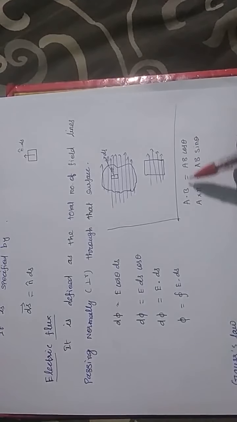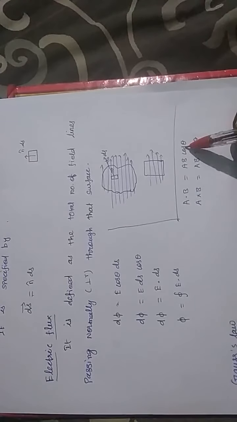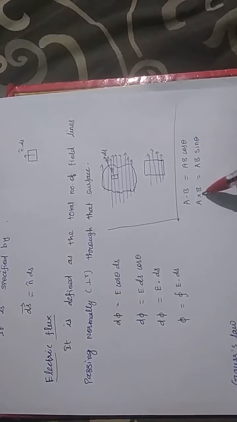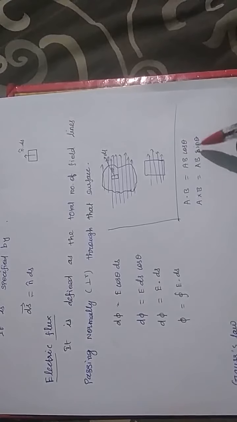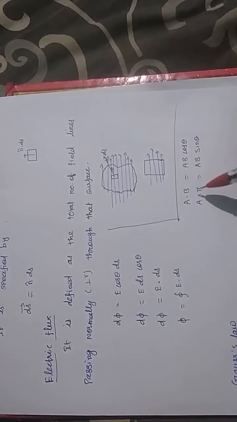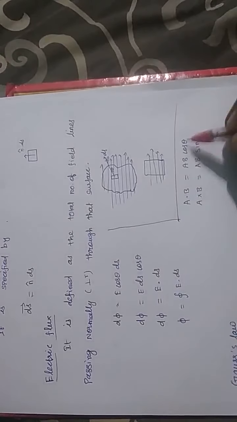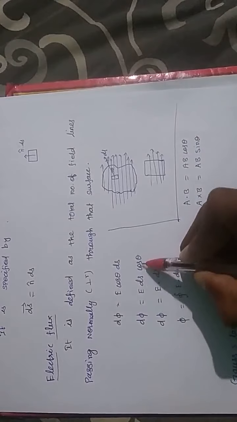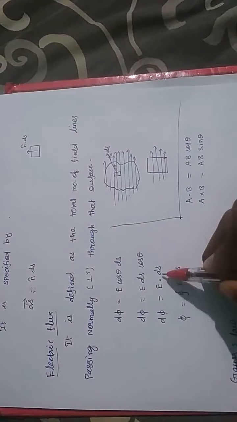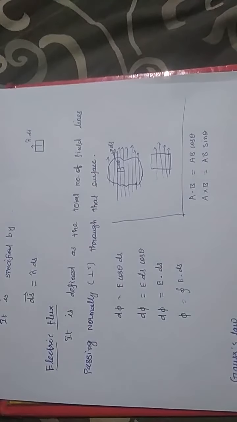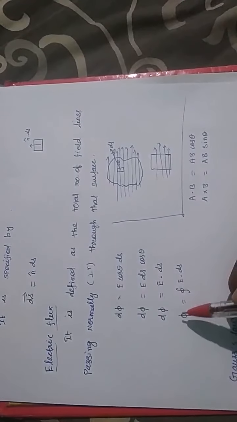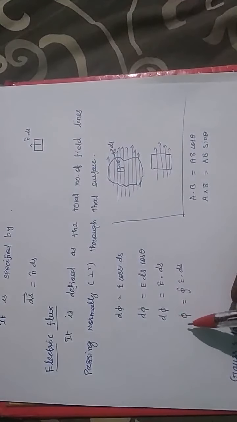The dot product of any two vectors can be written as a dot b equals ab cos theta. If it is a cross product, a cross b is equal to ab sin theta. This we have already done in the previous classes. E ds cos theta can be written as E dot ds. So if we want to find out the flux for the total surface, we just have to integrate.